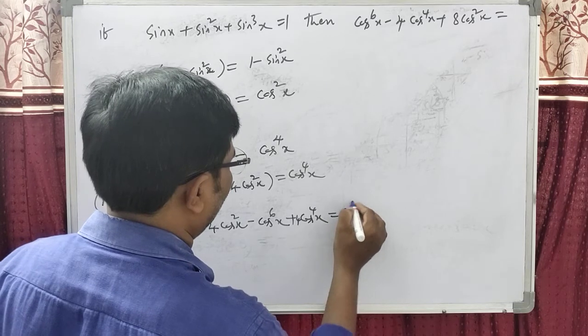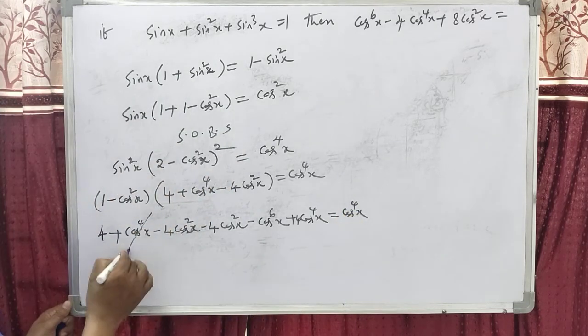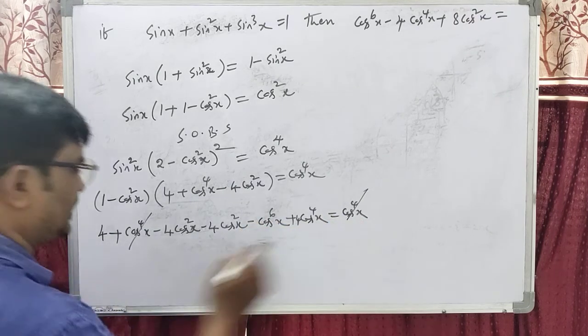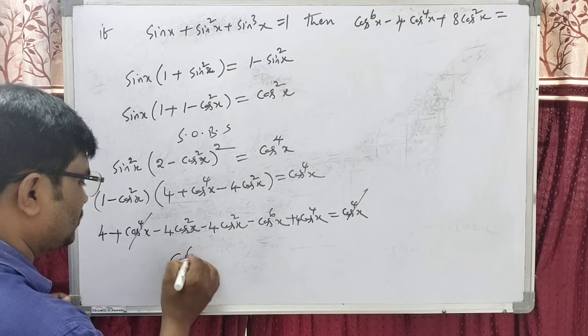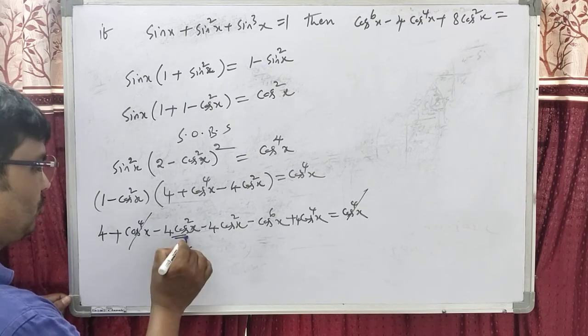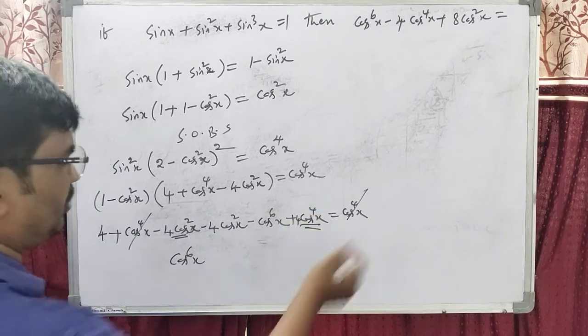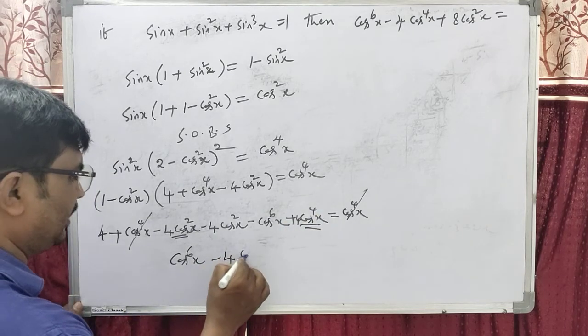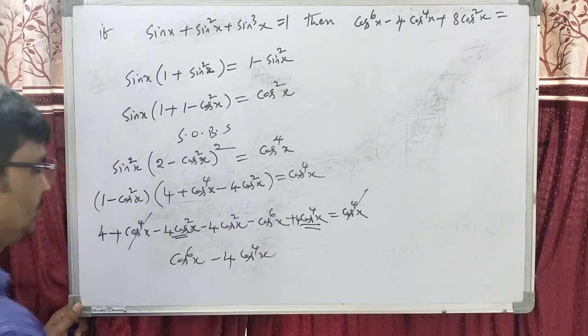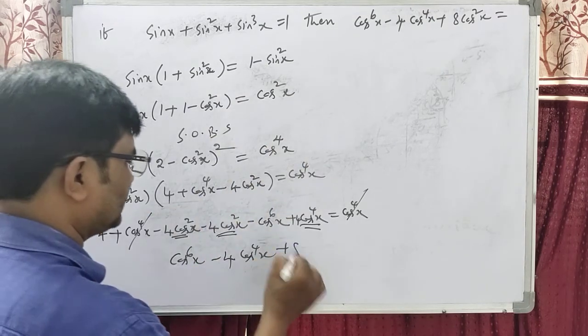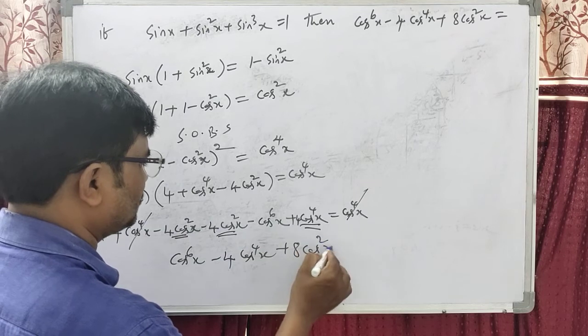This will be sending other side, cancel. Now cos power 6x is sending other side, plus cos power 6x minus 4 cos square x. The plus 4 cos power 4x is sending other side, minus 4 cos power 4x. Minus 8 is sending other side, plus 8 cos square x.